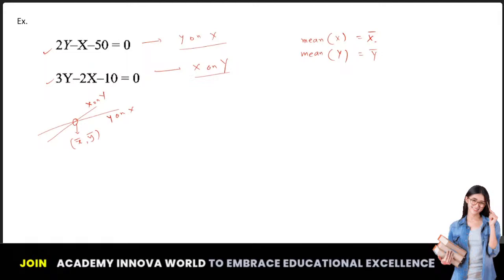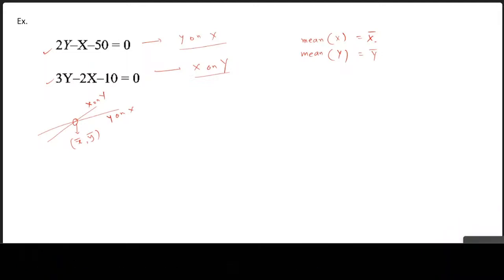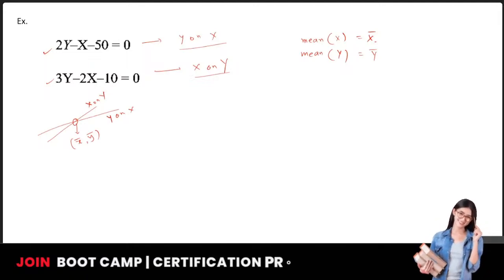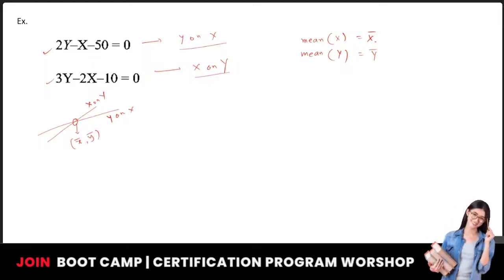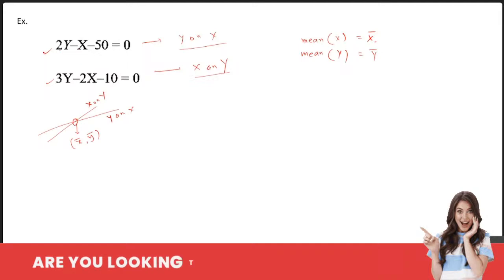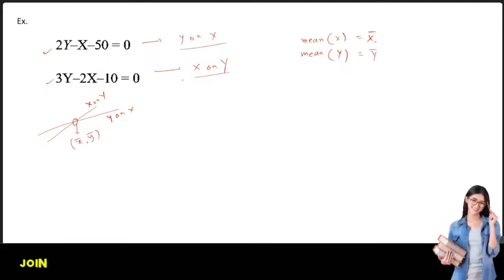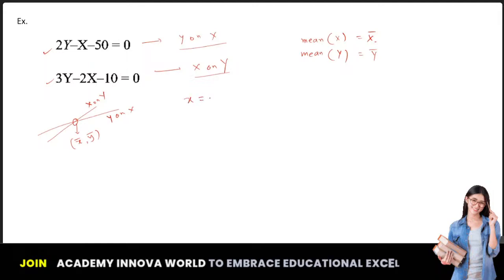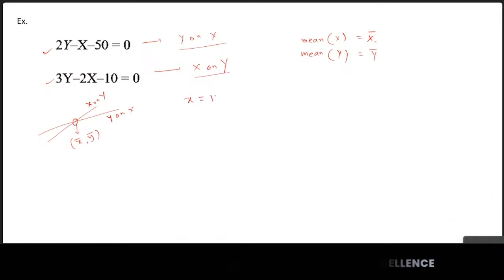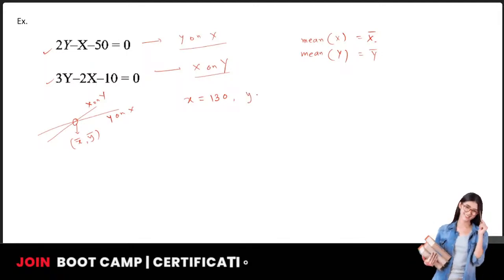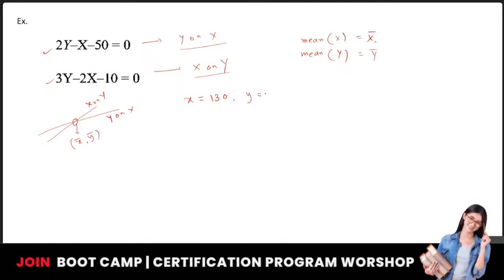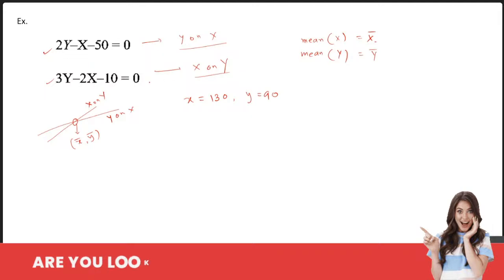You can see these two equations are simply linear equations with only two variables. We can multiply the first equation by 2 and subtract the two equations, and we get x equal to 130 and y equal to 90 after solving.